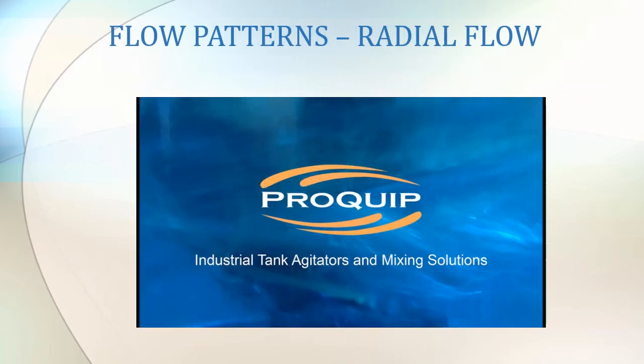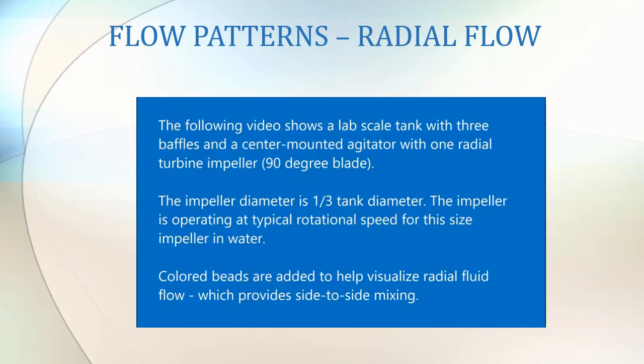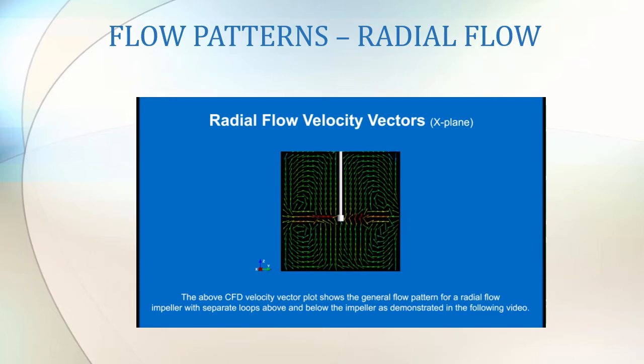Again, a video to visualize how a radial flow looks like. Again, we are going to be using an impeller diameter 1/3 of the tank diameter, and we are going to be using the same colored beads. This is how radial flow will look like if we model it.